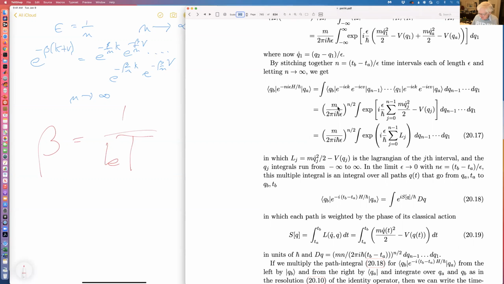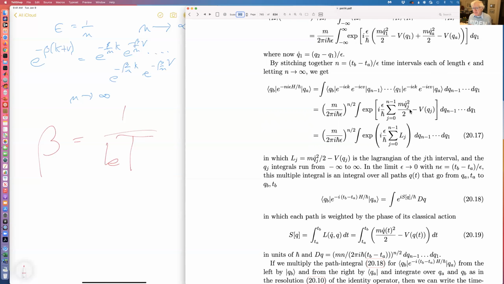And by the way, you might say this is a really weird factor out in front. It is weird, but when you use path integrals, you're almost always talking about ratios of path integrals. So these factors out in front cancel. And what you wind up with is this thing repeated n times.